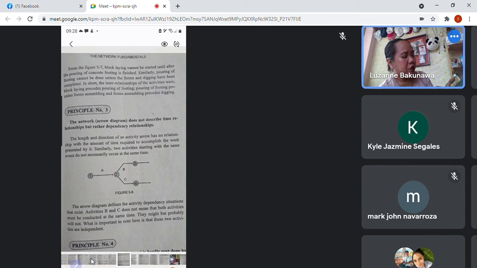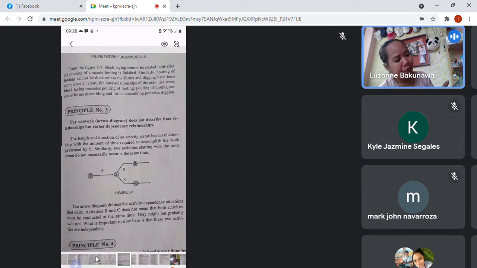So what is important to note here is that these two activities are independent. They are on separate paths. They are not dependent on each other.